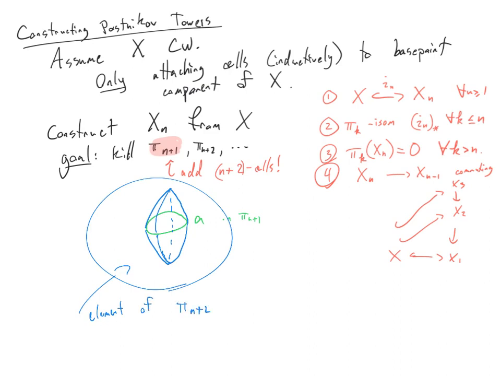And so when you're adding on these cells, it's possible that when you glue in these n plus 2 cells, some of them aren't trivial because they've been glued to something that is maybe trivial for a different reason.